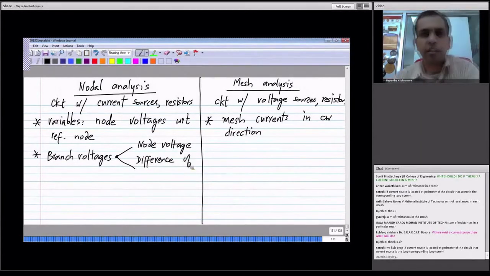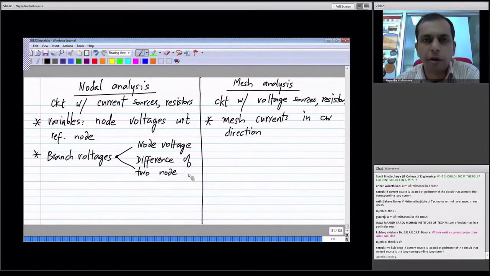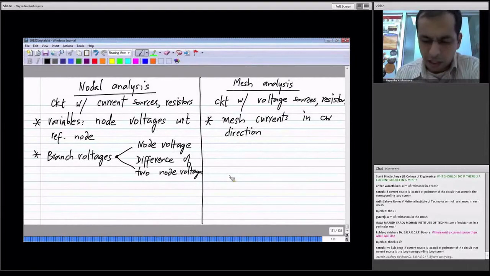A branch can be connected between some node and the reference node or between some two nodes. Okay, if it's connected between some node and reference node, then the branch voltage equals the node voltage. If it's connected between two nodes, then the branch voltage is the difference of two node voltages.